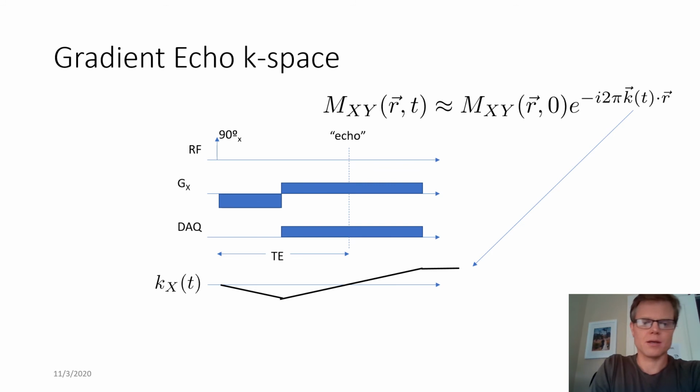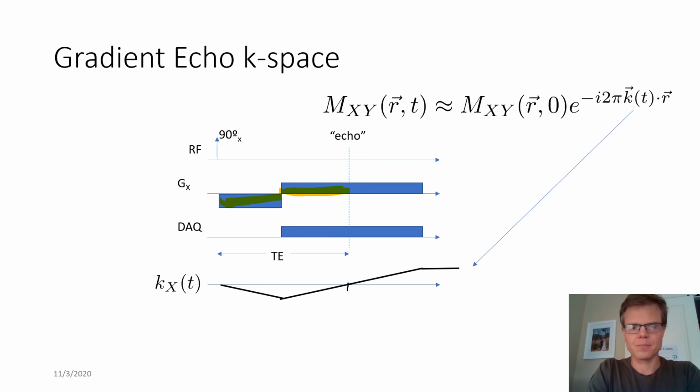Since k-space is this net gradient area, when we have an equal area here and an equal area here, then we're going to get this gradient echo.